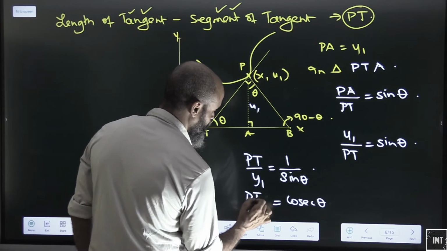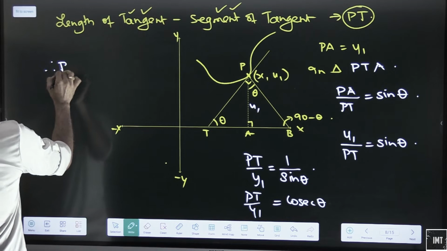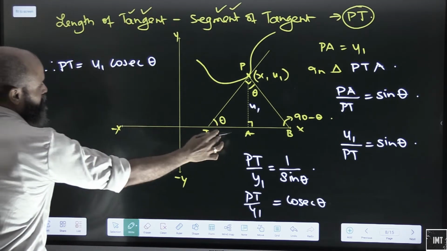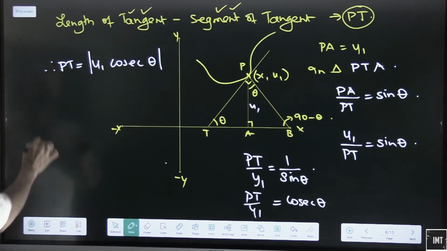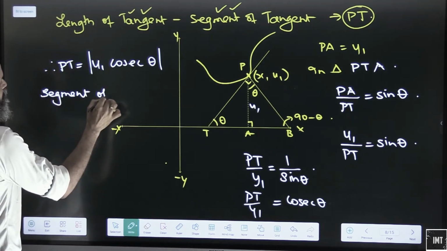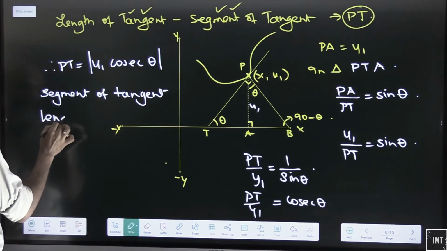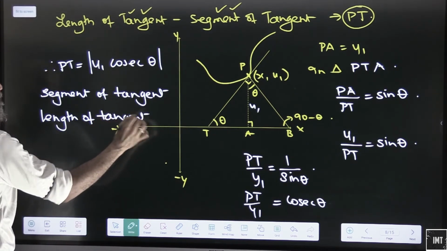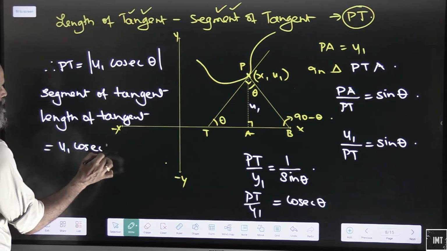So PT is equal to y1 cosec theta. Now this cosec theta has to be positive. So the length of the tangent is equal to y1 cosec theta.